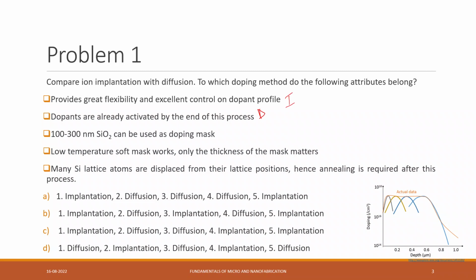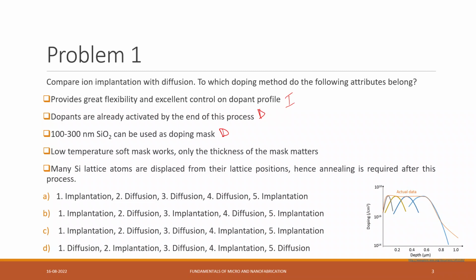So essentially, we use silicon oxide as a doping mask for the diffusion process. So it's diffusion. And the fourth statement is that for a low temperature soft mask, only the thickness of the mask matters.